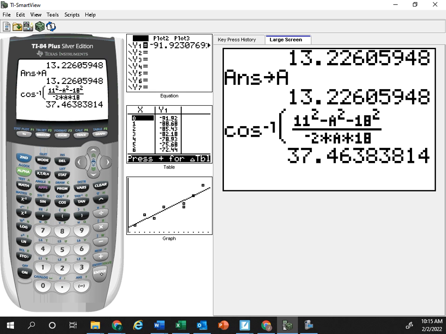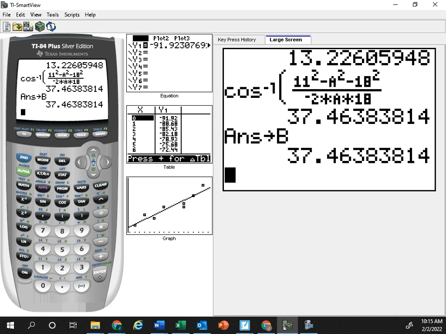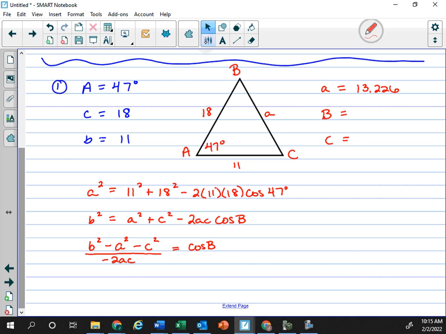Okay, so this was angle B. I'm going to store it as B just for easier to key in to find the other angle. So store B. All right, so B was 37.464 degrees. How do I find angle C? Yeah.